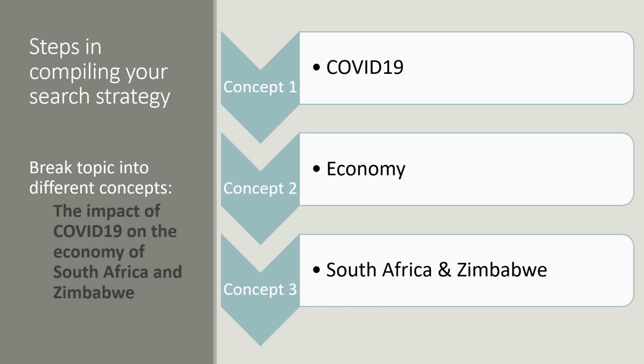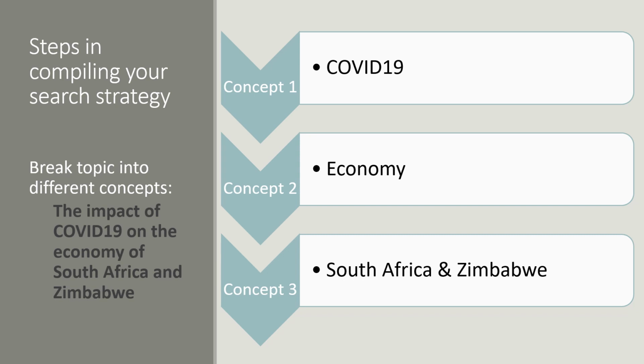I'm going to demo the following topic to explain the steps when compiling an effective search strategy. The topic then: the impact of COVID-19 on the economy of South Africa and Zimbabwe.